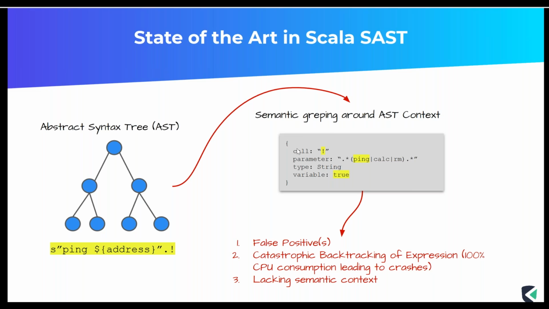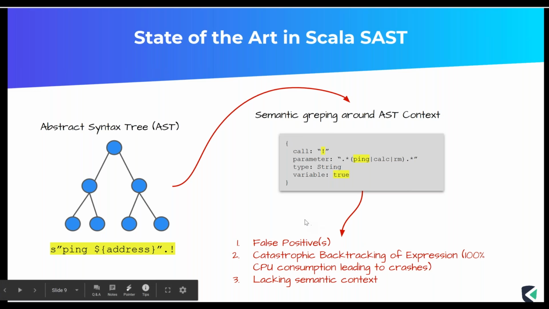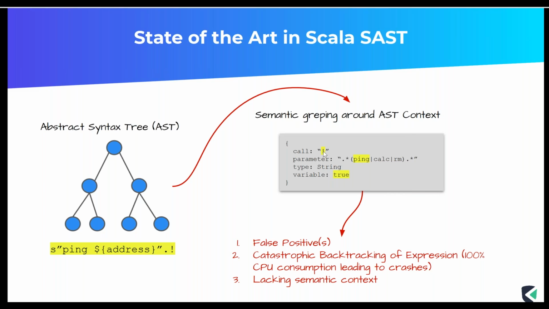So for example, we can then create a rule. A rule here would be: is there a call which looks like process, or its shorthand, the exclamation? Does that have a parameter such as ping or calc or rm or something like this? So like a regular expression here. Is its type string?